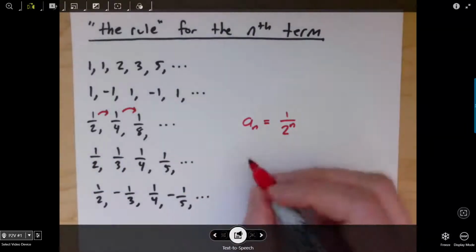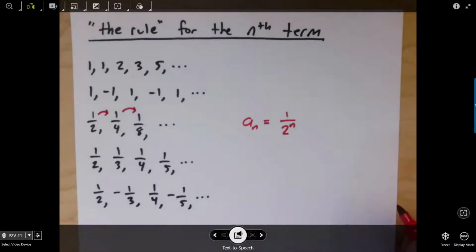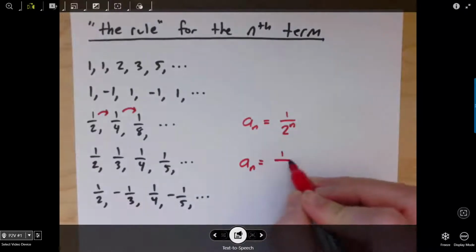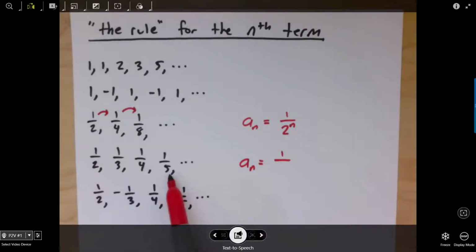The reason why is because sometimes you might accidentally be off by 1. So for example, let's pretend I just said, all right, so 2, 3, 4, 5, it looks like the denominator is going up by 1 every time, so I should just do this, right? But if you go back and double check, when n equals 1, because A subscript 1 should be the first term in the sequence, I don't actually get 1/2 with this equation.